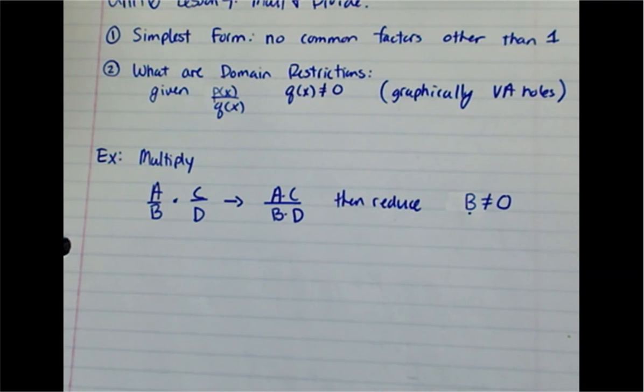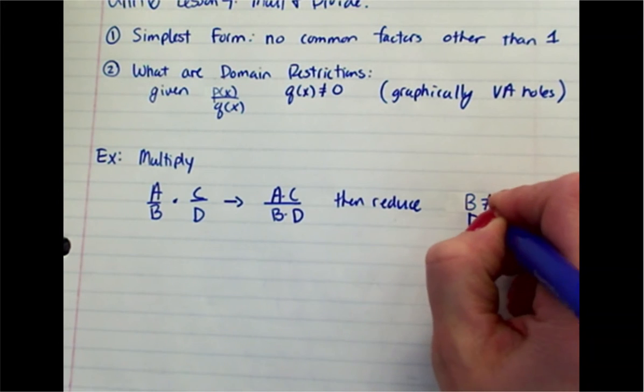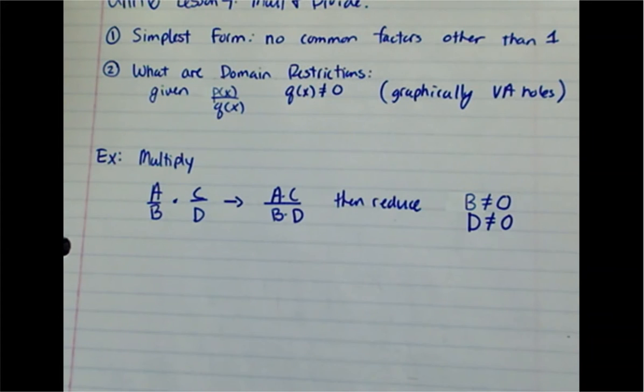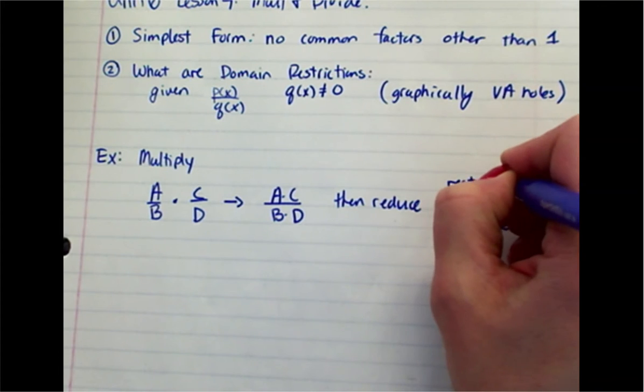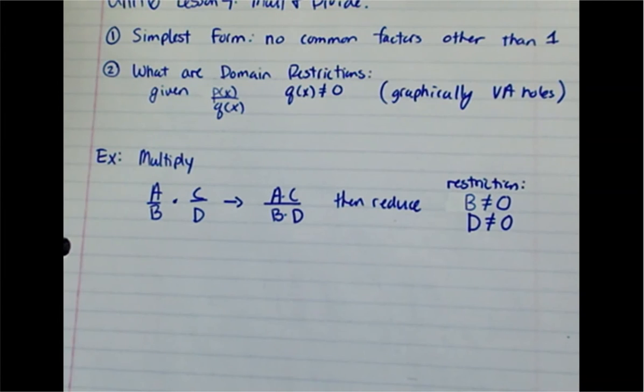This is undefined if B is 0. Also undefined if D is 0. That's my domain restriction. It's where the denominators are 0. That's why you say can't equal. It's a restriction. I have to remove those values. These are the restrictions. Right now, we're just talking about how to actually do the operations. We're not doing any factoring yet.